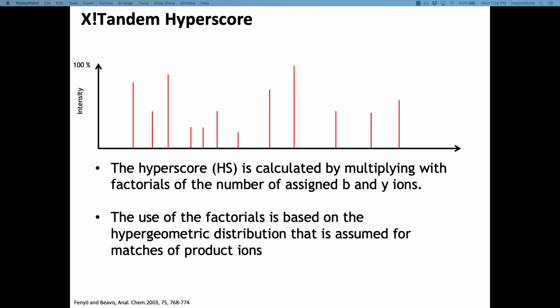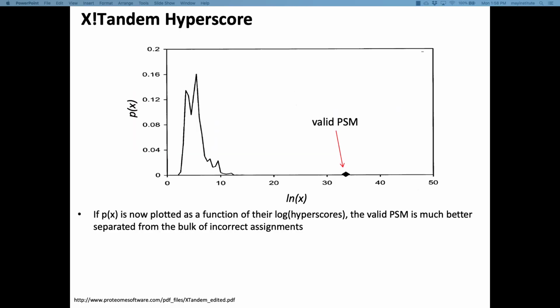X!Tandem uses a so-called Hyperscore that's calculated by multiplying the score with the factorials of the number of assigned B and Y ions. And that's based on a hypergeometric distribution, and that rescales these scores in a way that it becomes easier to actually pick up the valid PSMs.